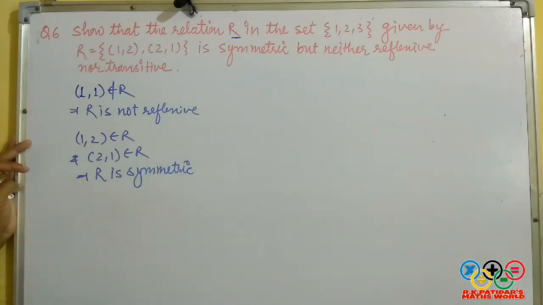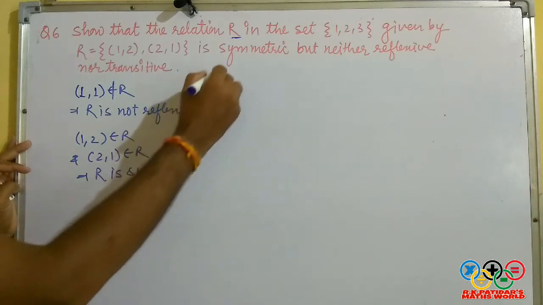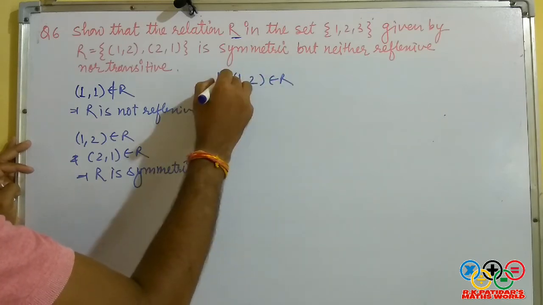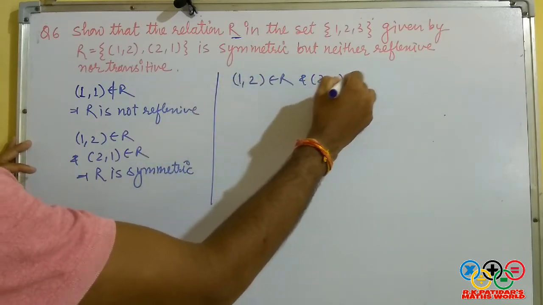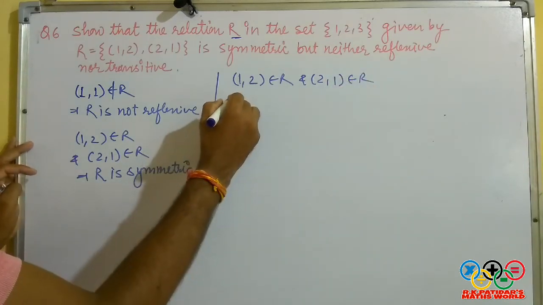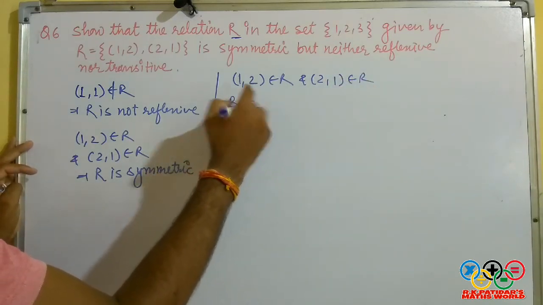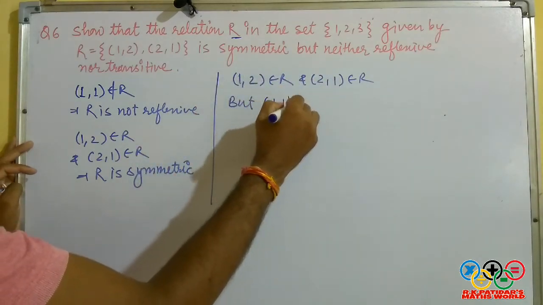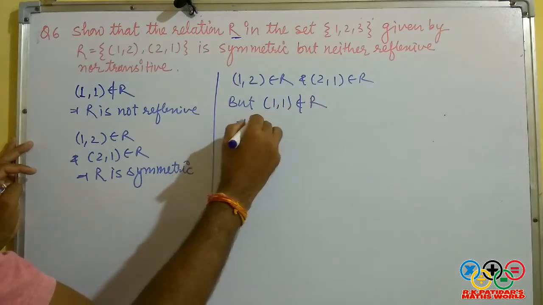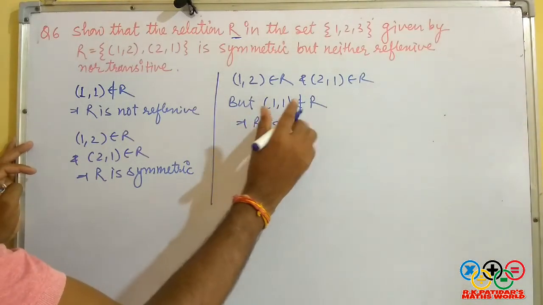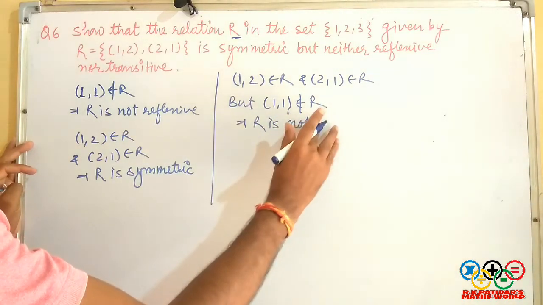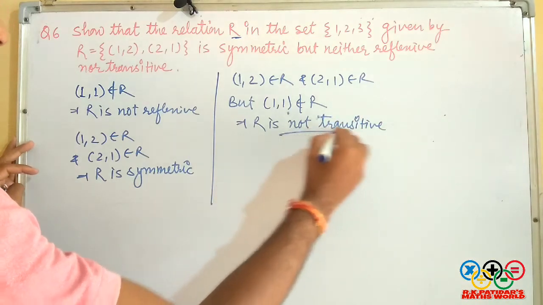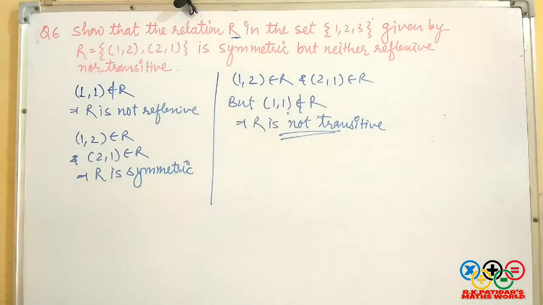Now, third one, (1, 2) belongs to R and (2, 1) belongs to R, but (1, 1) does not belong to R. This implies R is not transitive. So R is not a transitive relation.